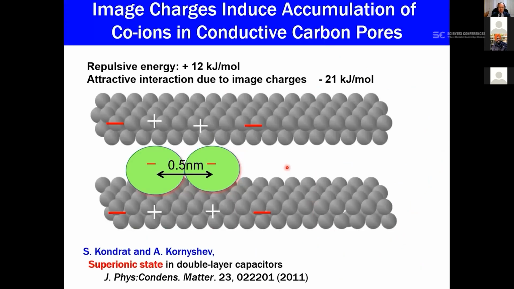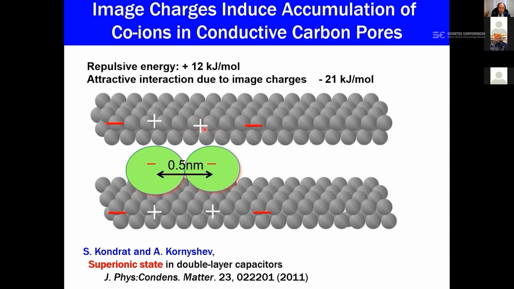This comes from a very special reason, because here I want to explain the anion contact situation as shown here. The anions repel each other, with a repulsive energy of plus 12 kilojoule per mole. However, once an anion is here, electrons in the carbon walls go away, then positive charge is induced.